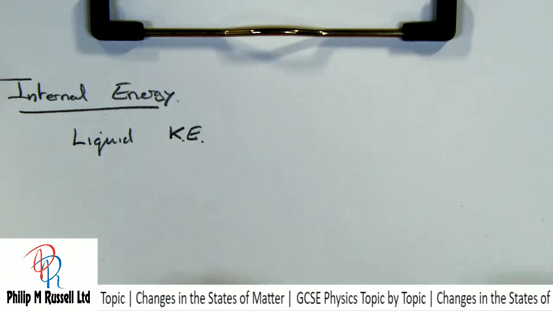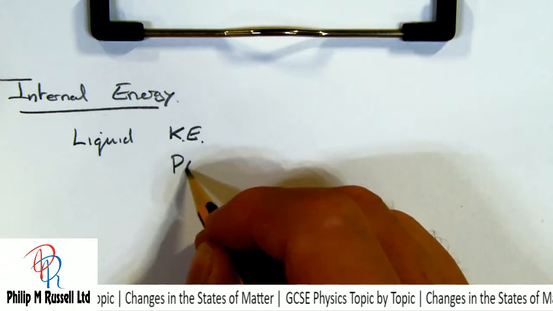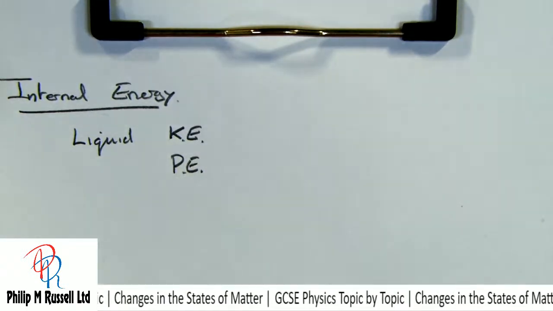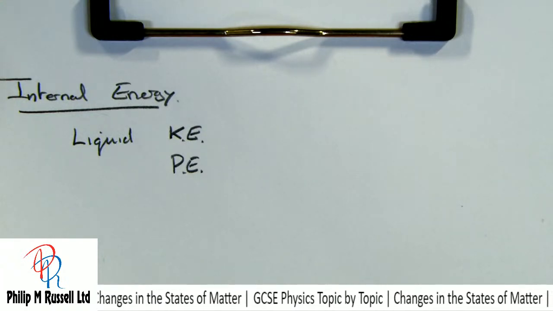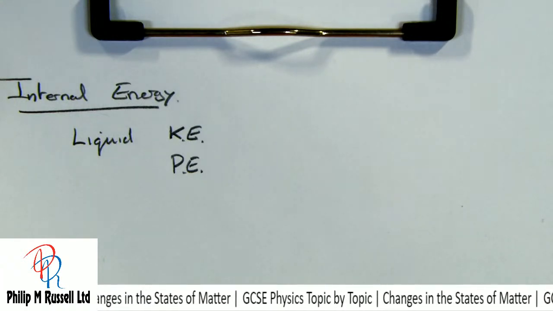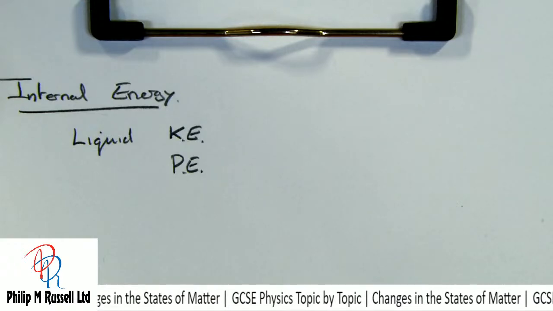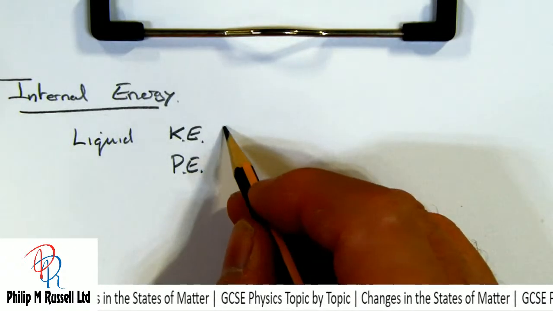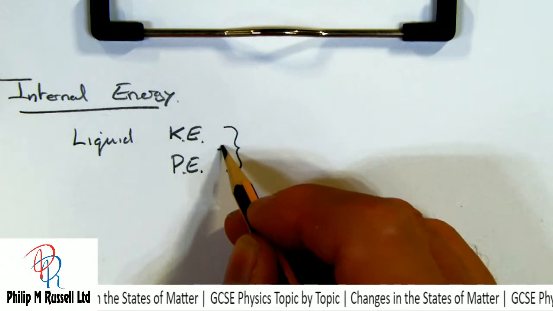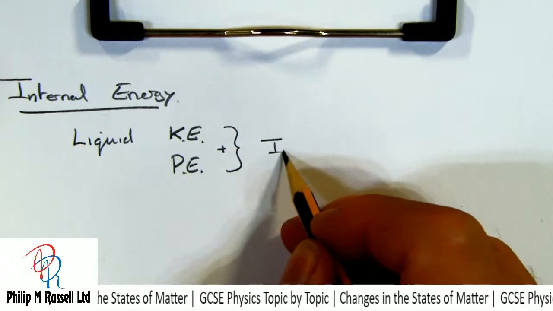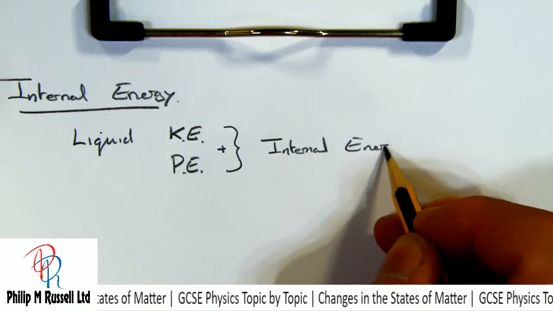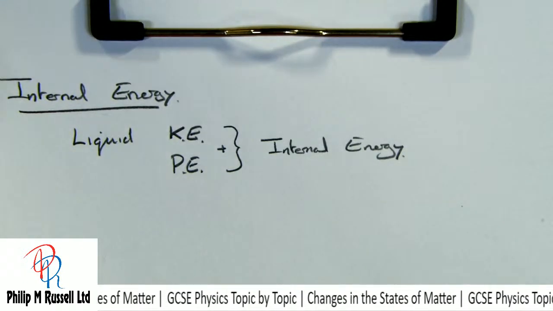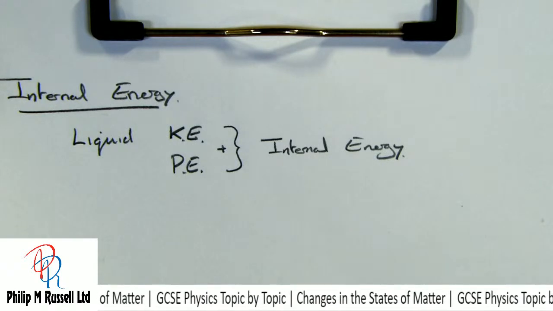But they've also got some potential energy. This is to do with their individual positions relative to one another. So my internal energy consists of this one plus that one. So this is what my molecules have got, internal energy.